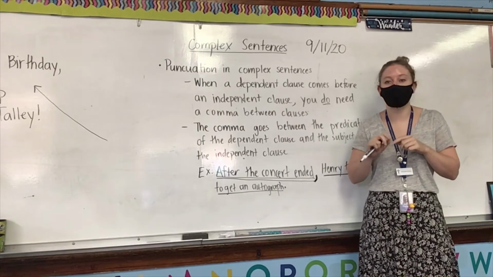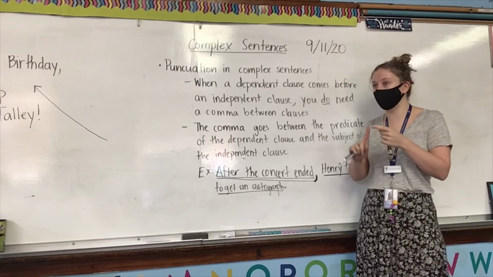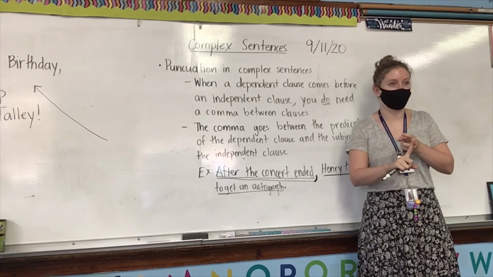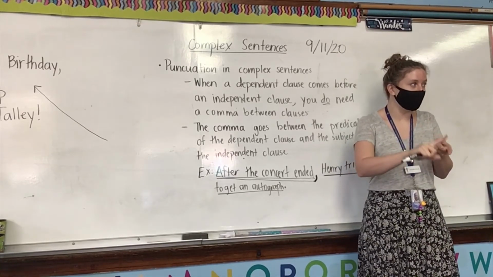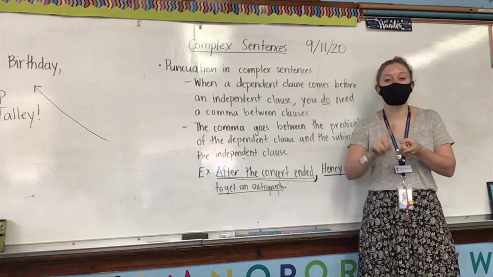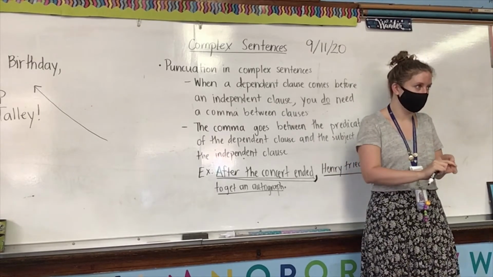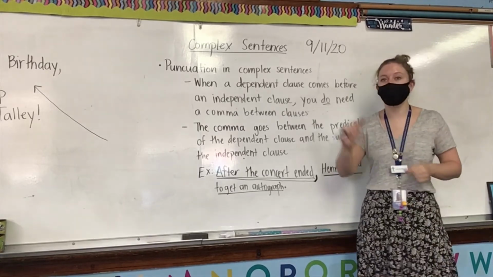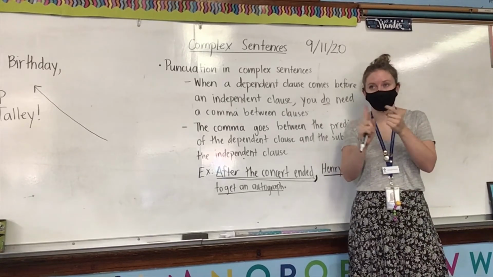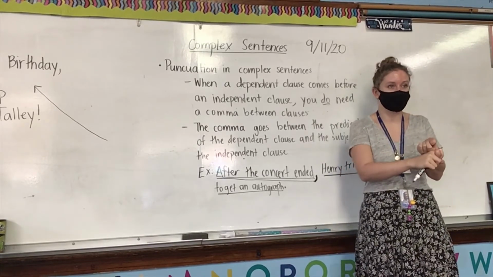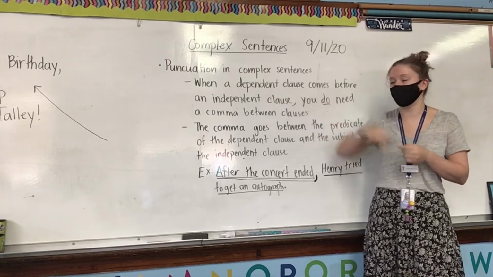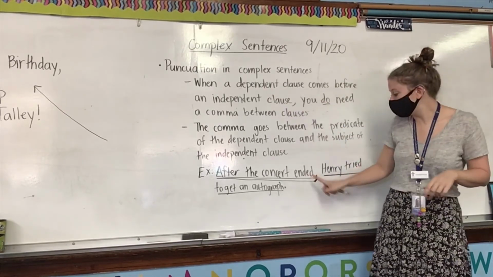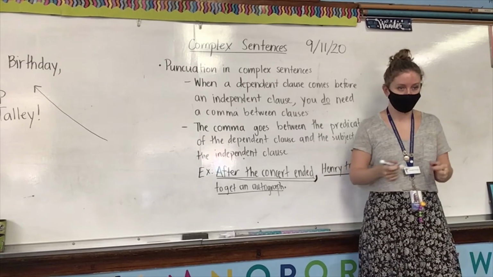When you have a complex sentence, you are combining an independent clause and a dependent clause. If the independent clause comes first, you do not need a comma. But if the dependent clause comes first, you do need a comma.